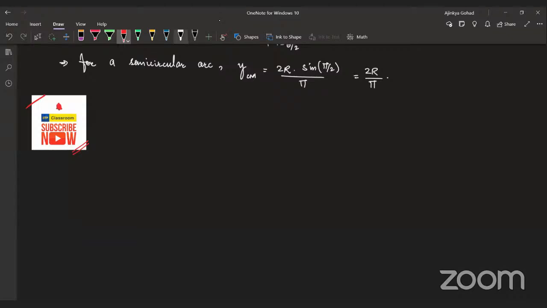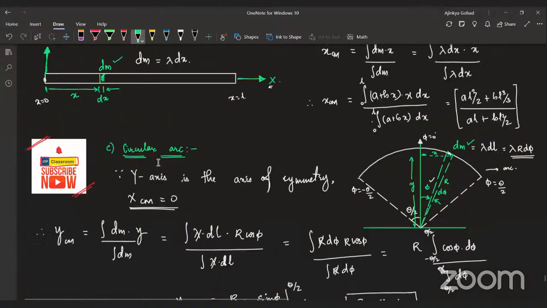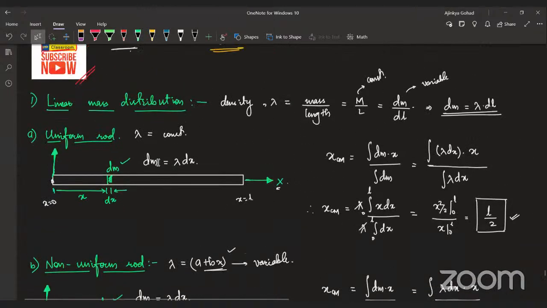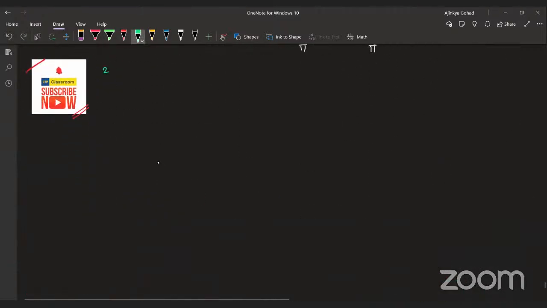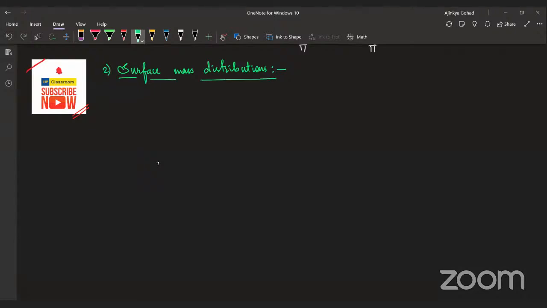Okay. Let's now try and calculate the position of center of mass, like we have done for linear mass distributions. Let's do it for surface mass distribution.